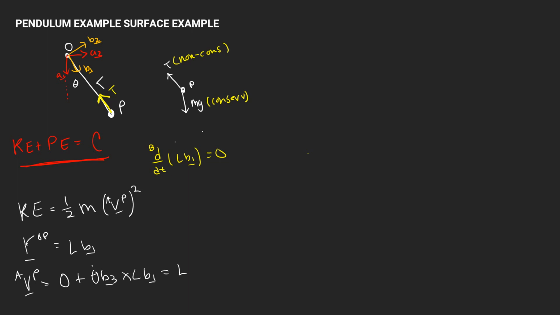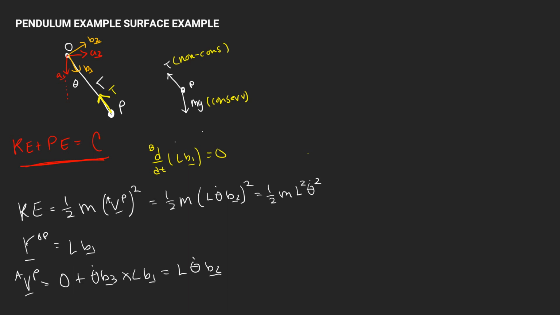And so that gives us L theta dot B2, so we can plug that in up here. So we have 1/2 m times L theta dot B2 squared, which then becomes 1/2 m L squared theta dot squared.